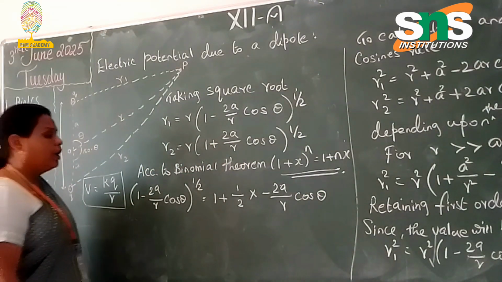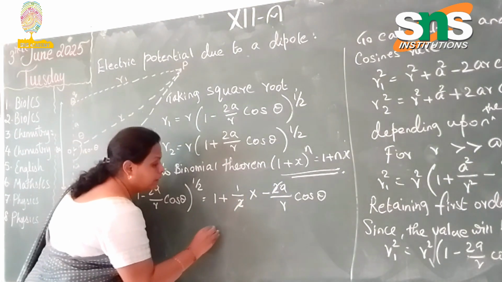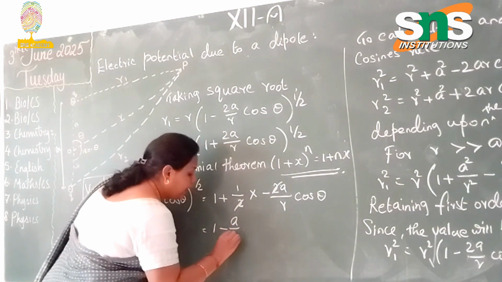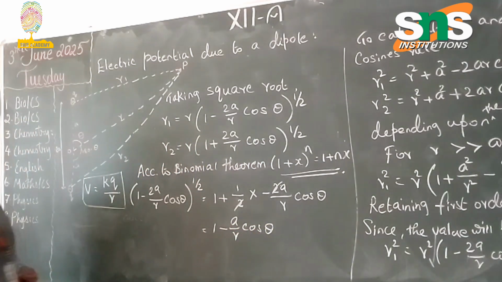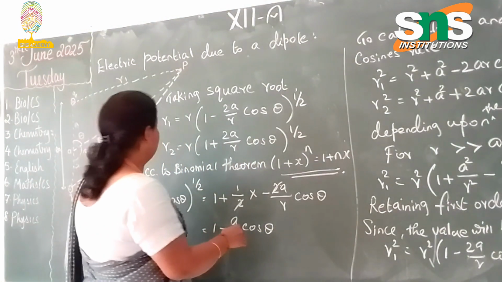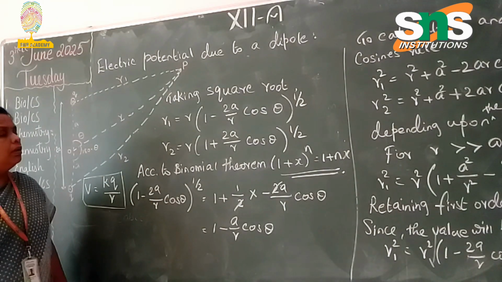So what can I do now? Can I cancel these 2's? So it will be 1 minus A by R cos theta.